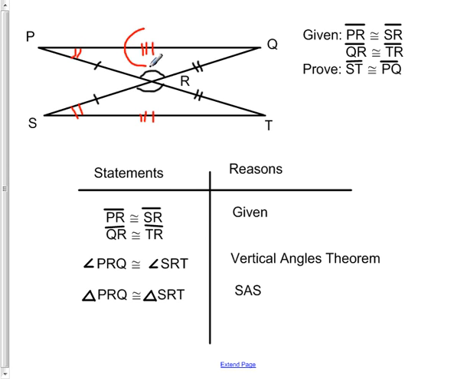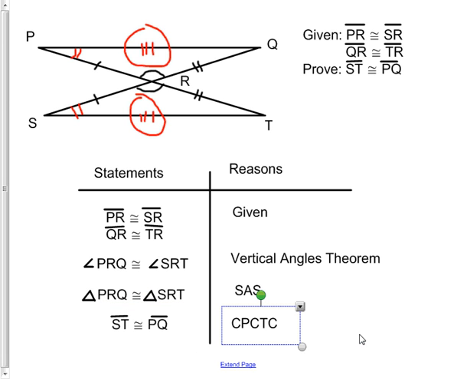They're asking us to prove PQ congruent to ST. And the answer is absolutely, because the 2 triangles are congruent. And that's what CPCTC means. The corresponding parts of congruent triangles have to be congruent. Okay, so that's an introductory type problem.